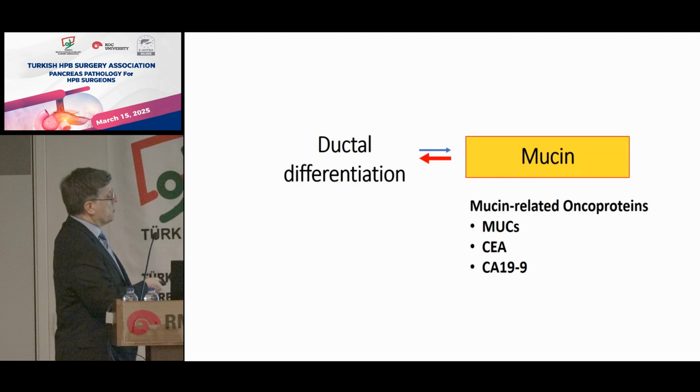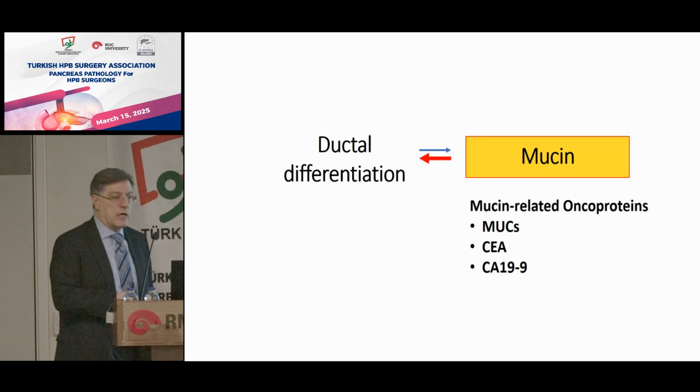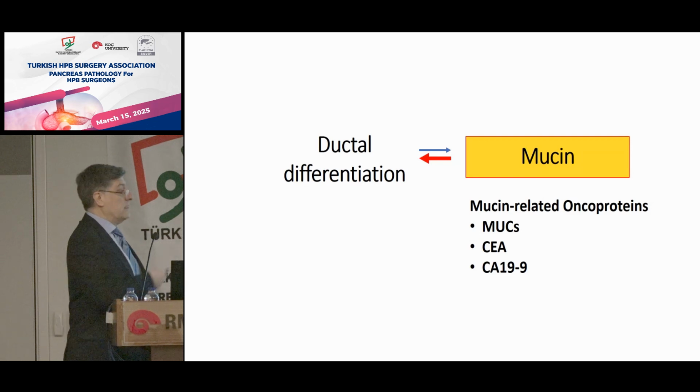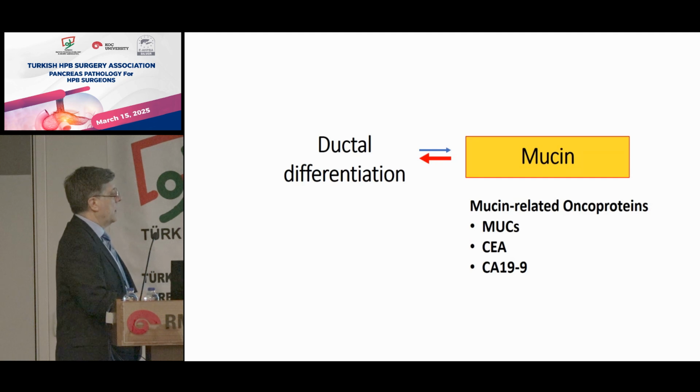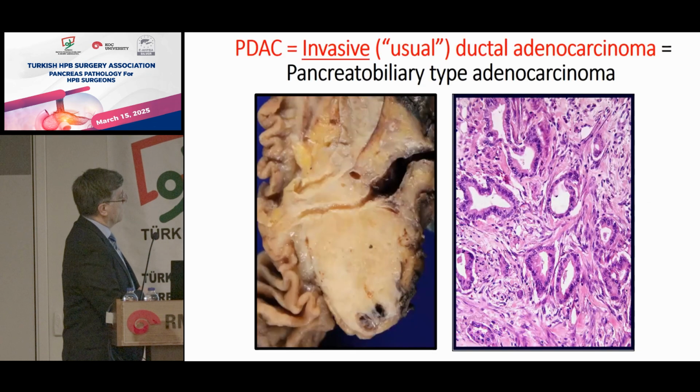And along with the mucin formation, MUC, CEA, and CA19-9, which are mucin-related oncoproteins, are often expressed in the cells and often secreted both to the blood, so we can detect some of these things in the serum and also in the cells as well, and also in the cyst fluids.